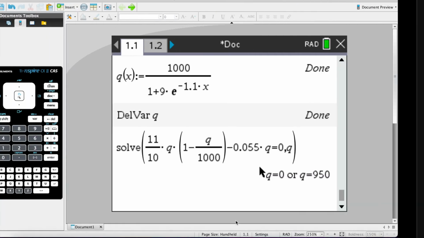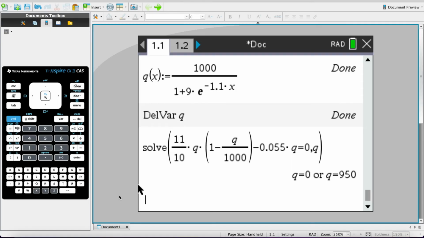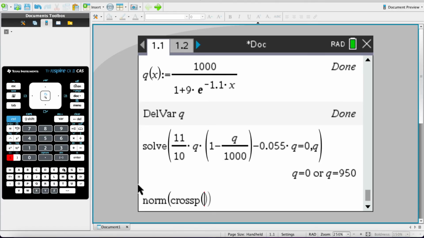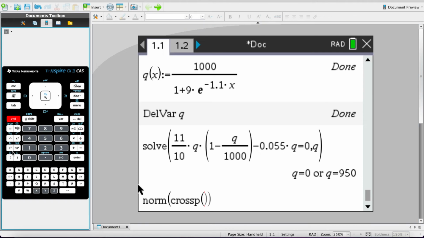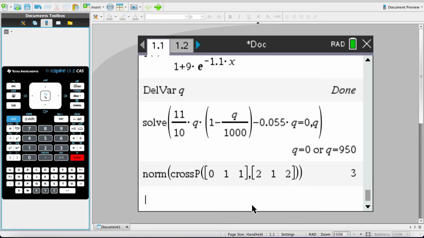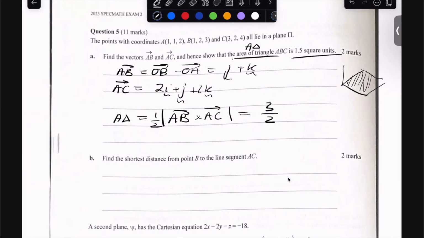So I'm just going to go straight to the CAS and do norm cross P, and the first vector was just 0, 1, 1. The second vector was 2, 1, 2. And that gives you 3. So you can write 3 over 2, which is 1.5.